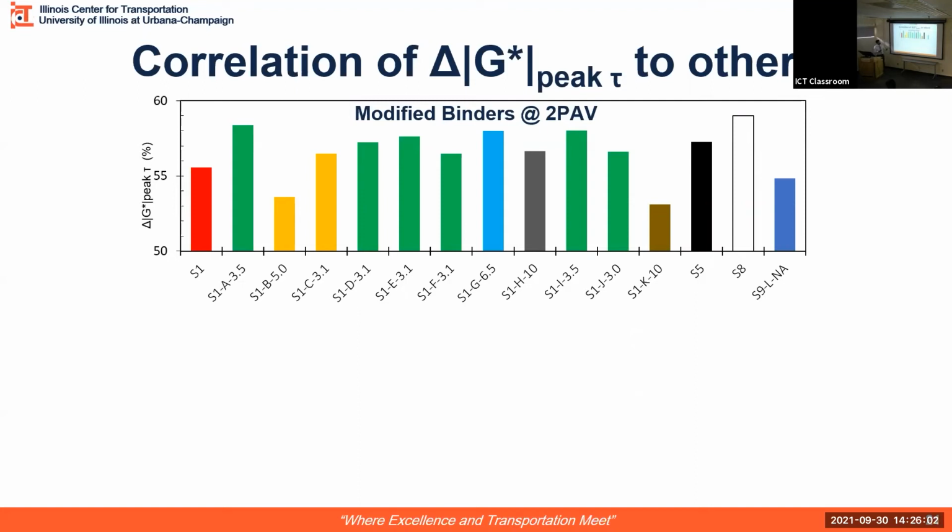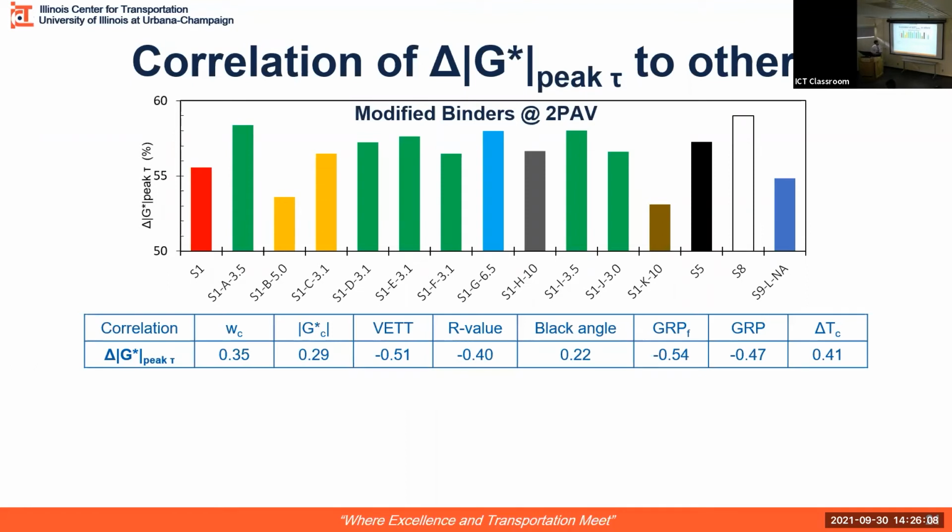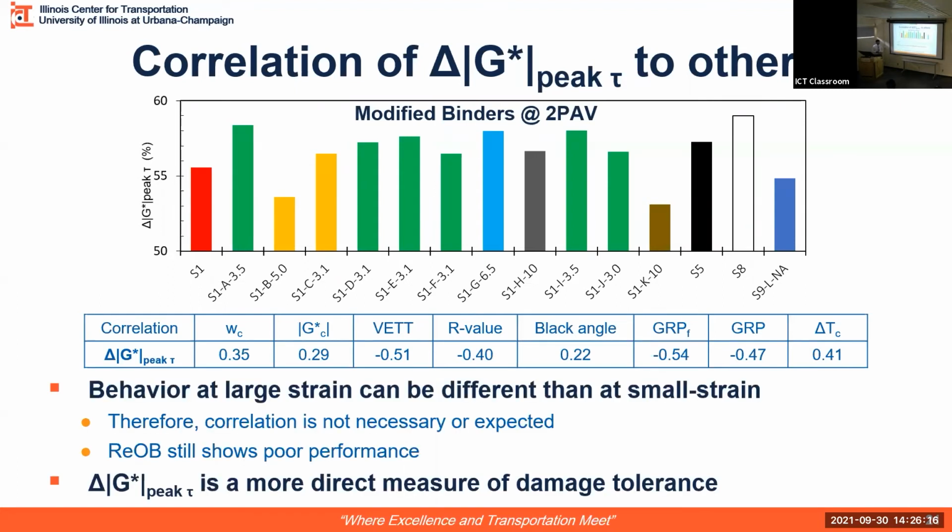Other vegetable oils show comparable performance to other modified binders. The correlation of this large strain parameter was not well correlated with the other small strain parameters, which can be expected because these are two different tests subjecting the binder to different strain levels, so it's not expected that they have similar behavior.